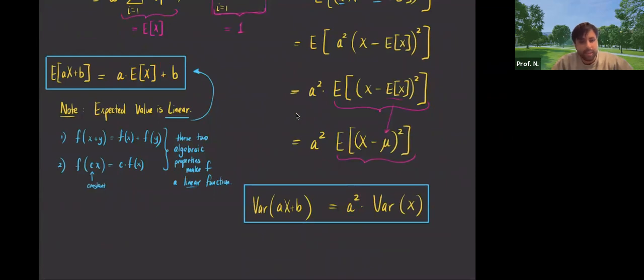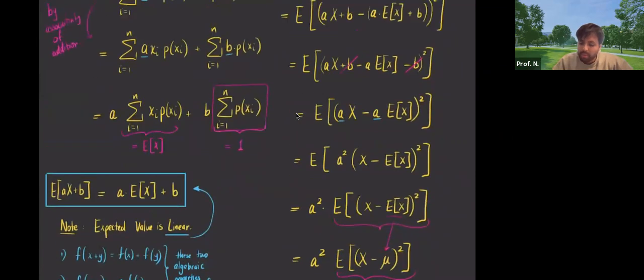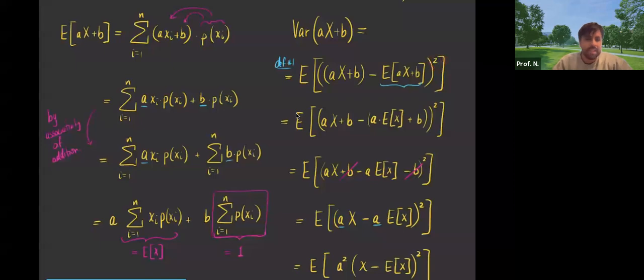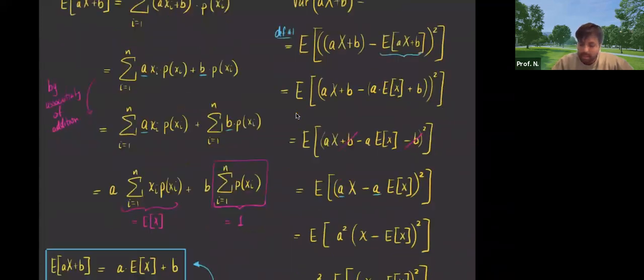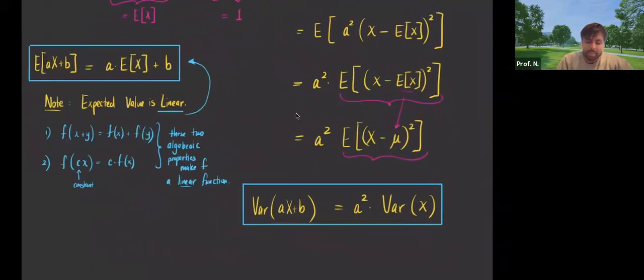So variance is not linear. The moment you see something squared, it's not going to be linear at all, because squaring things complicates things sometimes. But does everybody see this? This is an important aspect about expected value, which has linear properties, and about variance. The variance of a random variable is only affected by the constant that you multiply the random variable x by, and you square that constant.